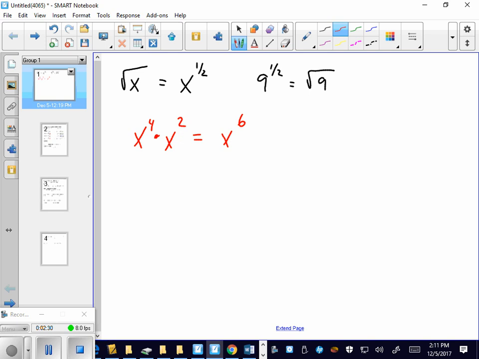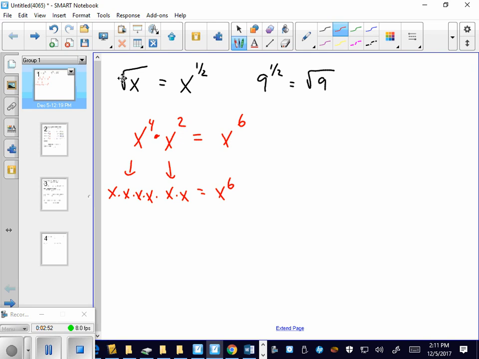So let me break that down a little bit for you guys. What this means, x to the 4th, is x times x times x times x. And what x squared means is x times x. Well, I'm multiplying those two things together. So if I multiply all of those out, we would get x to the 6th. I would have 6 factors of x.